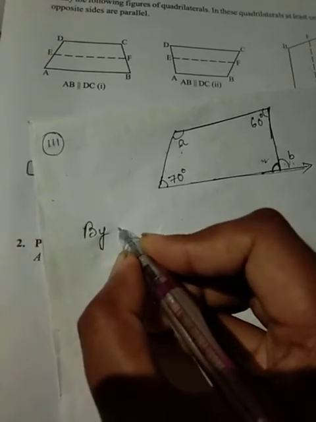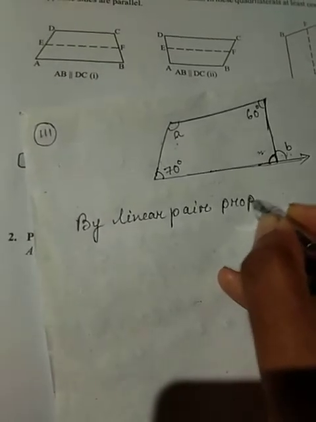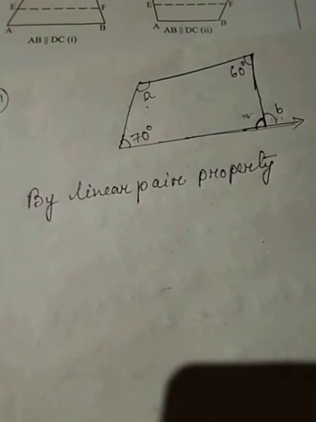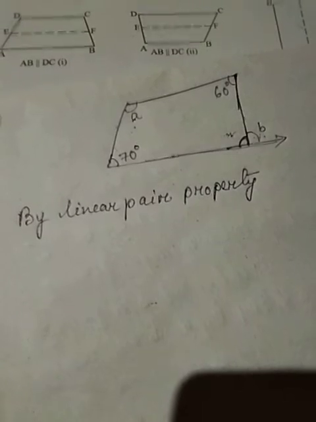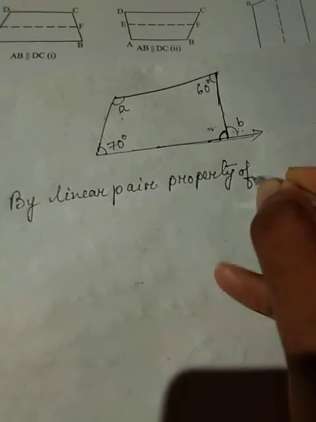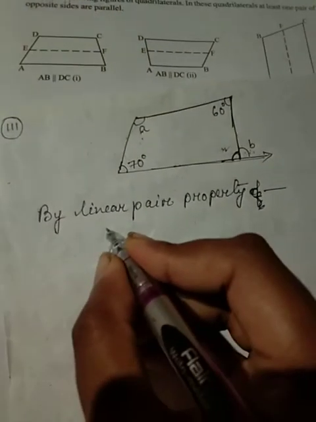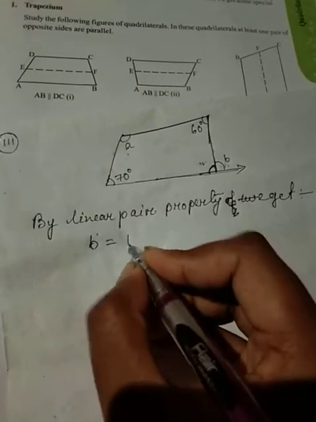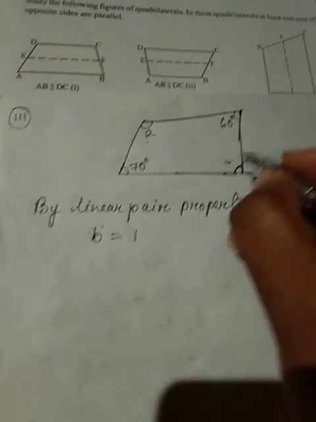By linear pair property we get B equal to... In the third figure the value of this is also given.